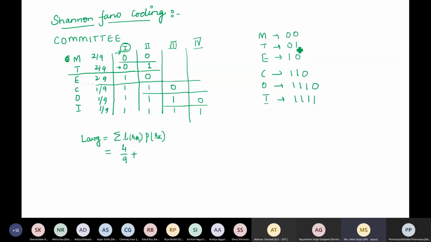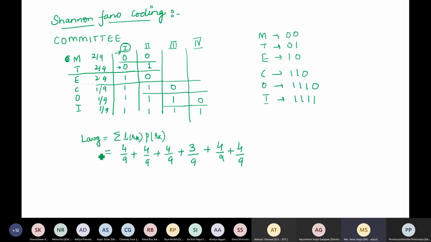The length of the second symbol T is 2 and the probability is 2 by 9. So again 4 by 9 plus 4 by 9 plus 3 by 9, because for C I have length equal to 3 and probability equal to 1 by 9, so 3 by 9. Then I'll have 4 by 9 plus 4 by 9, right? This gives me the average length.